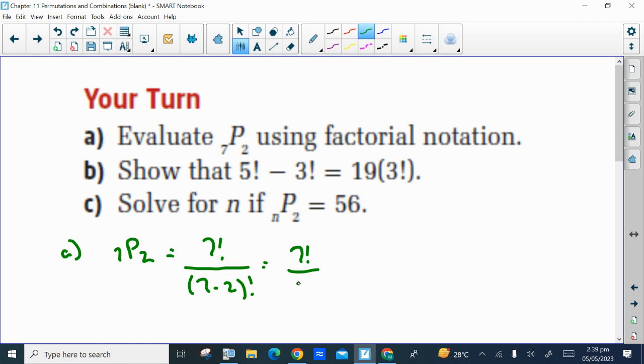So we'll get 7 factorial over 5 factorial, which we can simplify without even touching a calculator, because 7 factorial is 7 times 6 times 5, and we go all the way down to 1 if we wanted. But we stop at the 5, and whatever factor we stop with, we put a factorial on the end, because that's the denominator. So they cancel, and you're left with 7 times 6, which is 42.